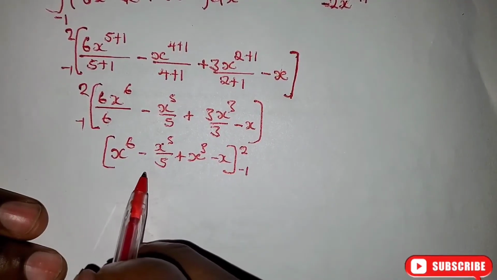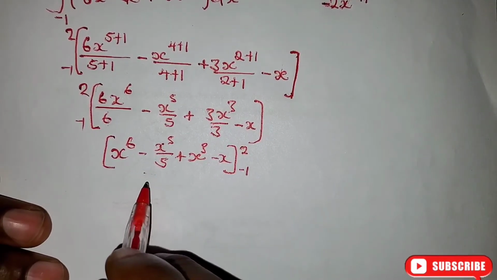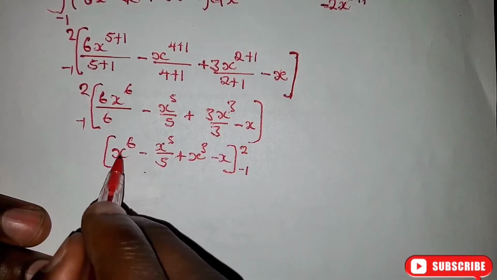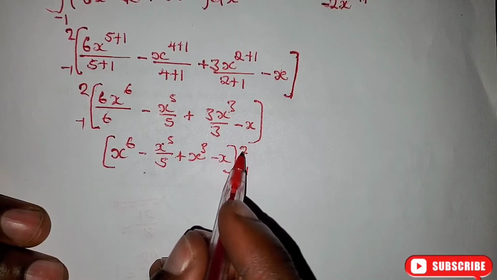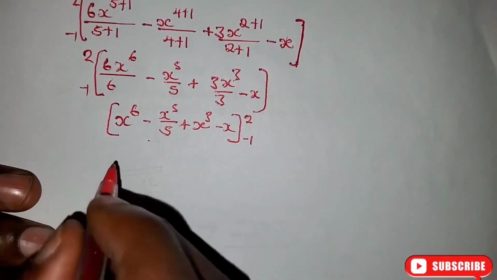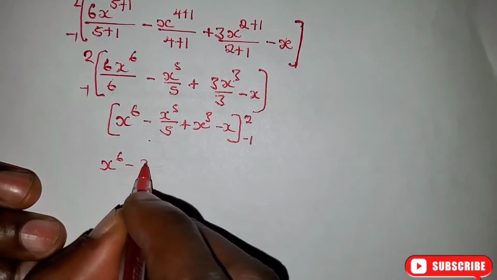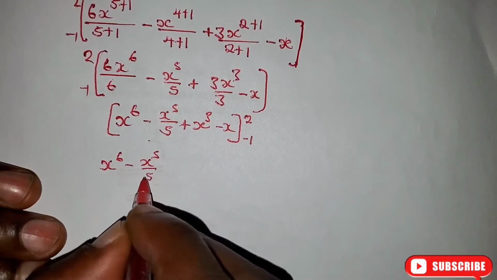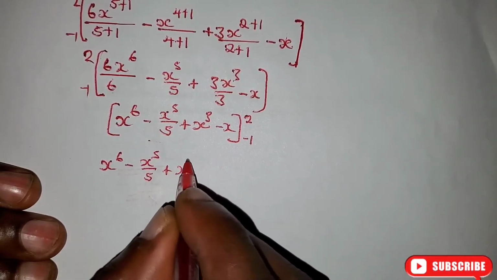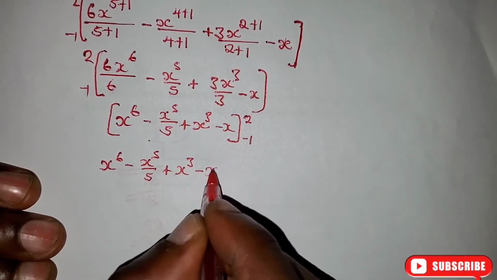You find the difference between the upper limit and the lower limit. How? Wherever there is x here, we're going to substitute with 2: x to the power 6 minus x to the power 5 over 5 plus x to the power 3 minus x.